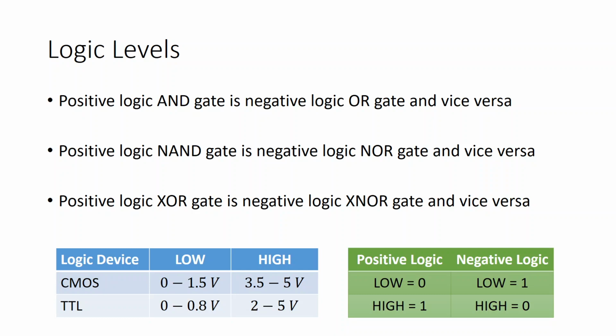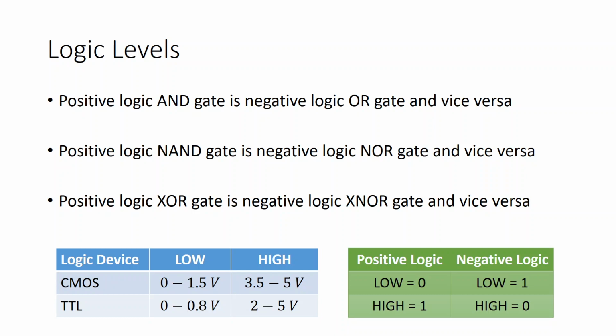So these are the logic gates that we are using. Now there is a correspondence between the positive logic gates and the negative logic gates, and the correspondence is written as you can see. The positive logic AND gate is the negative logic OR gate, and vice versa. Similarly for NAND gate and NOR gate, XOR gate and XNOR gate.